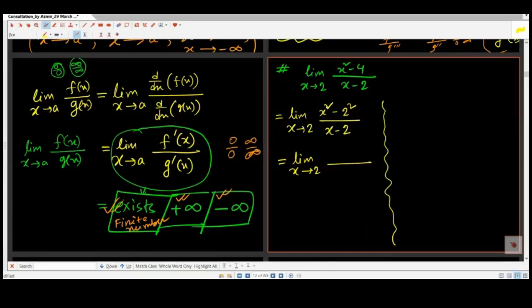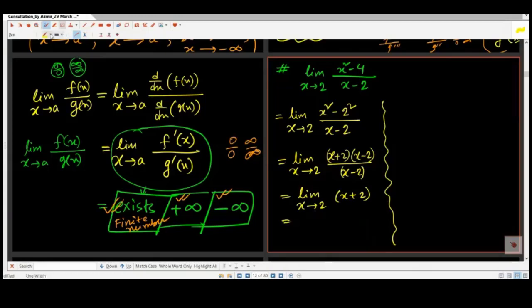We can think of this as a squared minus b squared, which is a plus b times a minus b. We have two factors, x plus 2 times x minus 2, over x minus 2. Now we can simplify, so we finally have x plus 2.